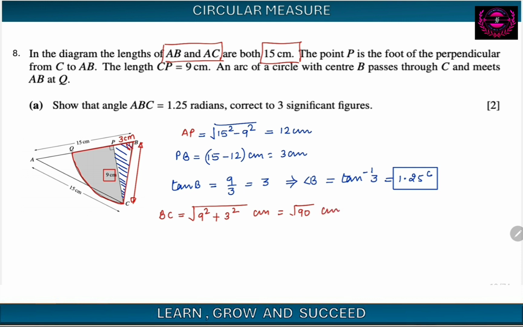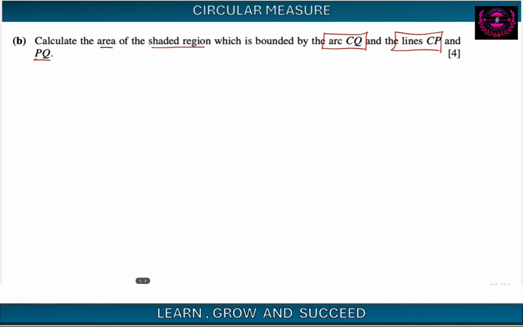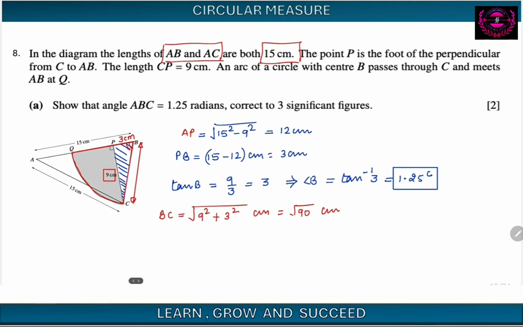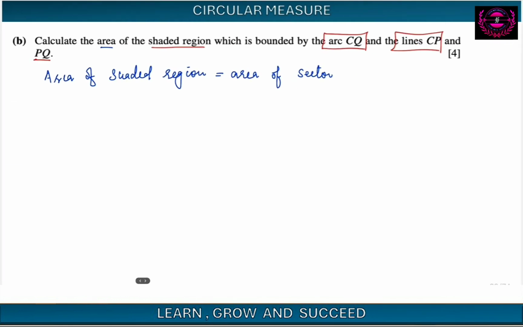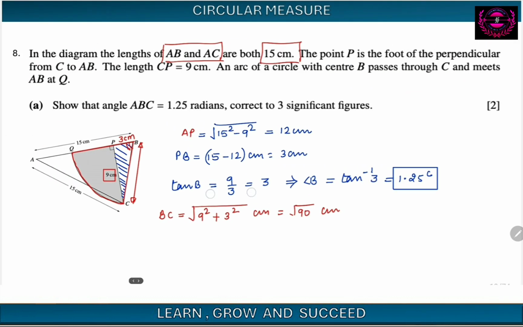So we have the radius, we have the angle as 1.25, and we have base as 3 centimeters, height as 9 centimeters. Now the area of the shaded region equals the area of sector BCQ minus the area of triangle BCP.